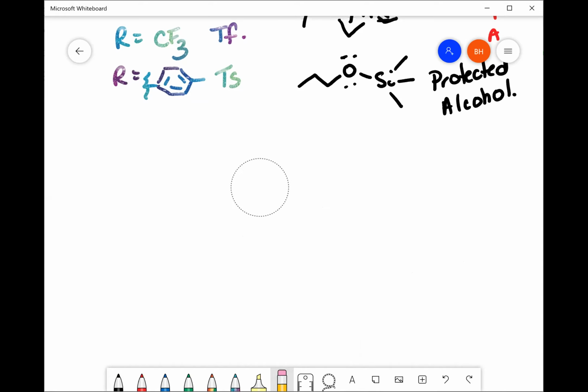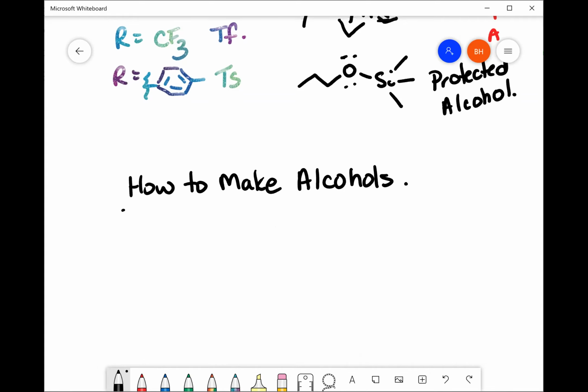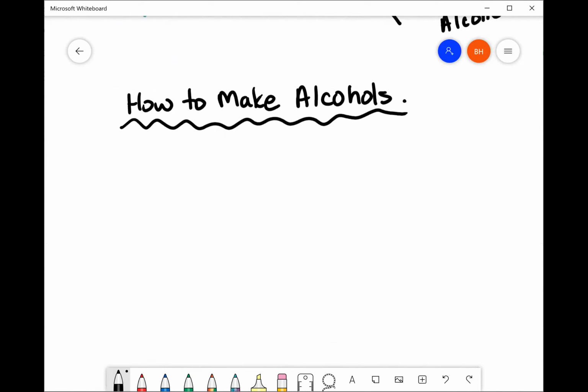Now, the other thing with the alcohols is how to make them, right? Now the fun thing is that we've learned quite a few ways to do this. So if we have an alkene, we know how to make the most substituted alcohol.